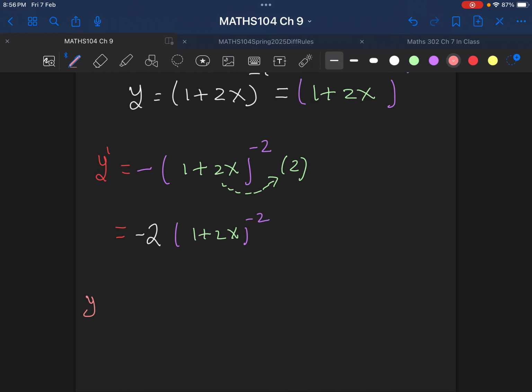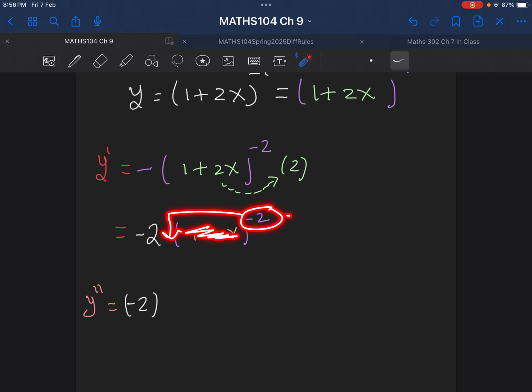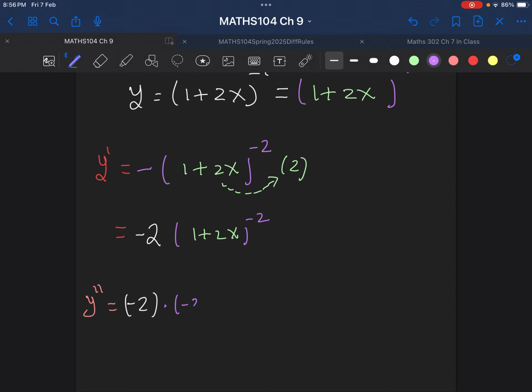The next derivative, again, you have to use the chain rule. Keep negative 2 waiting and use the chain rule. What is the derivative of power minus 2? Minus 2 will go down and we subtract 1. So this will be just negative 2, negative 3. The inner will be the same.